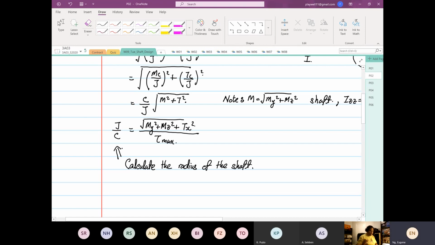That's how we combine the normal and shear stresses together with the material properties, because tau max over here is a material property.